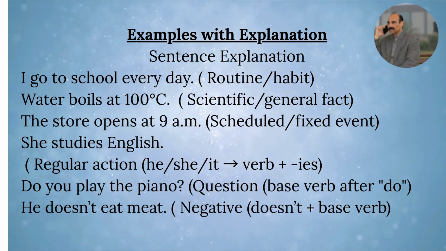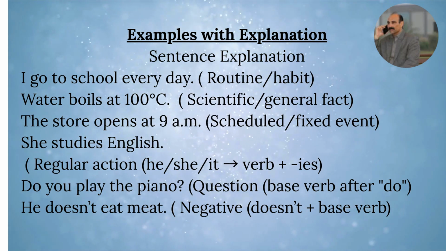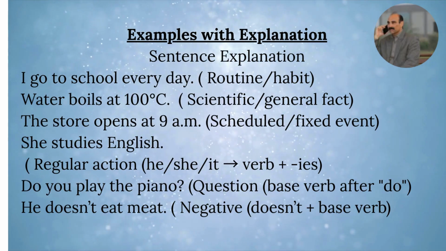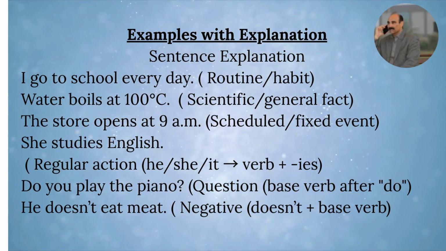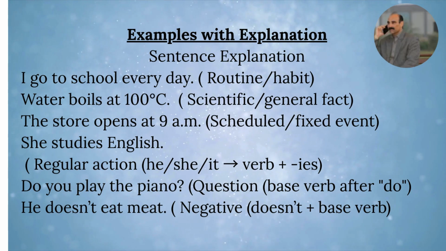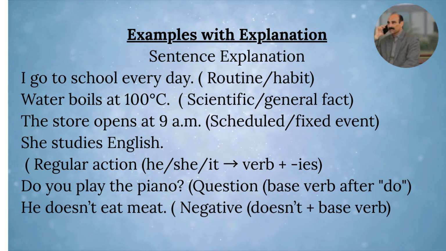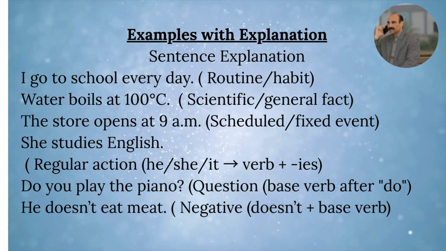Now, if the verb ends in y and before y there is a consonant, change the y into i and add es if the subject is he, she, or it. For example, she studies English. How to make questions?